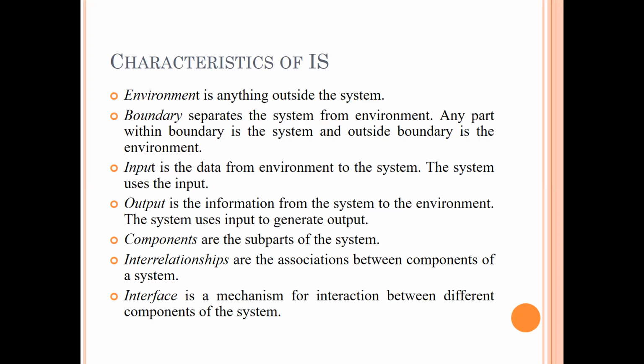Remember, I said an information system is a set of interrelated components. So the components are the ones we're saying are the subparts of the system. Then we have interrelationships. These are associations between the components of a system. Then we have an interface. An interface is a mechanism for interaction between different components of the system.